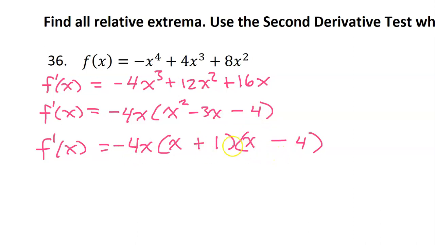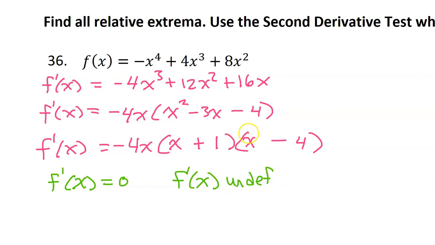We factored it. Usually at this point, I would talk about the critical numbers that would make f prime equal to 0, or that would make f prime undefined. But when you are using the second derivative test, we are not interested in where the first derivative is undefined.